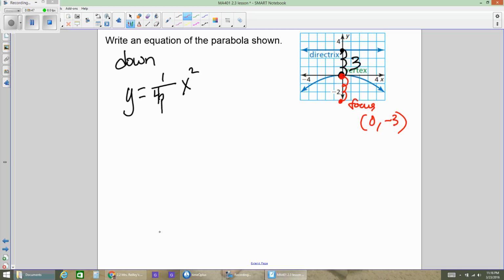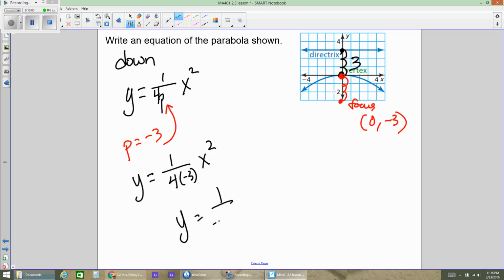Go to your cheat sheet if you need to. P should be negative 3. So you plug that value in there. Going to change colors. Y equals 1 over 4 times negative 3 x squared. So y equals 1 over negative 12 x squared, or negative 1/12 x squared. Done.